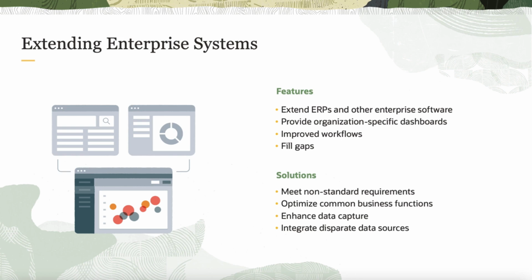Such applications should utilize the appropriate ERP data but may well have local database objects to store additional data not available in the ERP system. So with Apex, you can build applications to optimize common business functions, enhance data capture, and integrate disparate data sources.